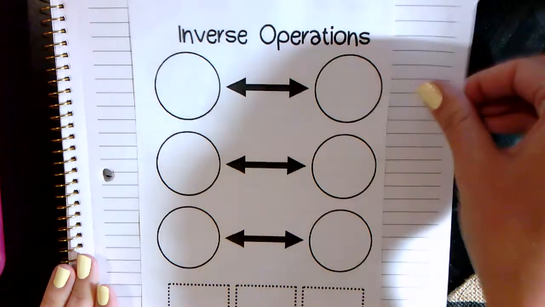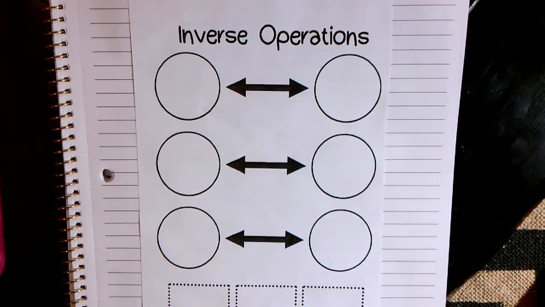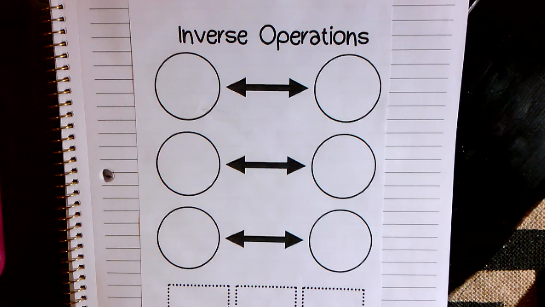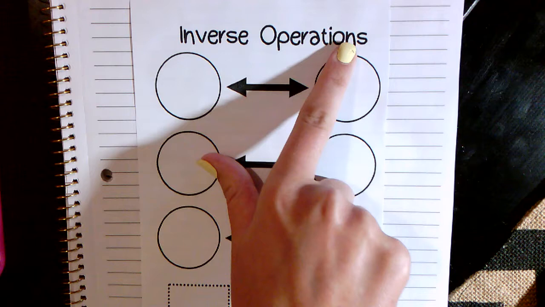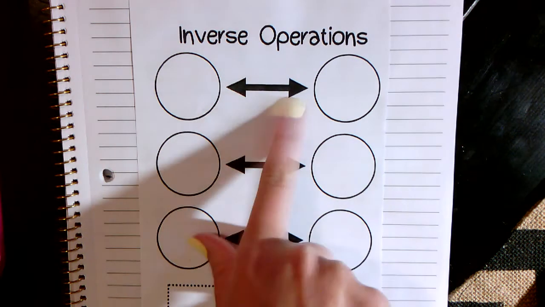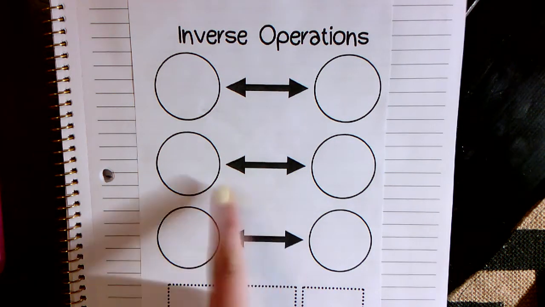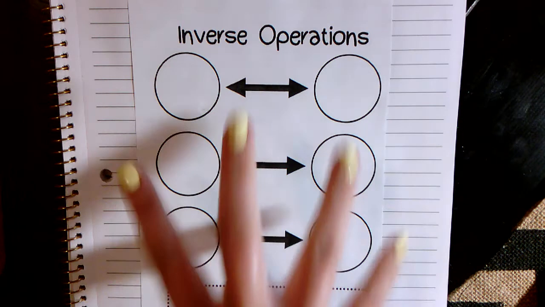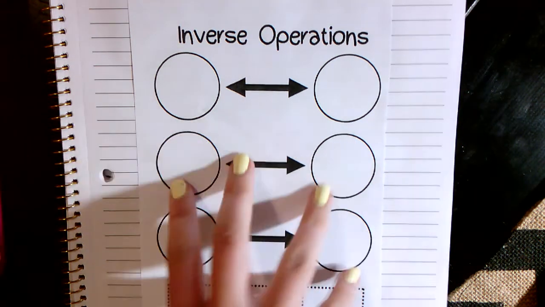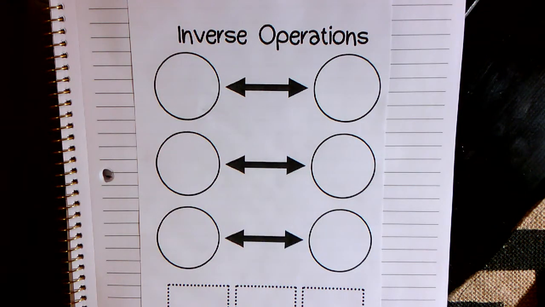If you're unable to print and you don't have a way to get these pages printed, you can just write this in your notebook. So if you want to just write inverse operations, draw circles and arrows, you are more than welcome to just draw it in. As long as you have inverse operations on the first page, you'll be good to go.